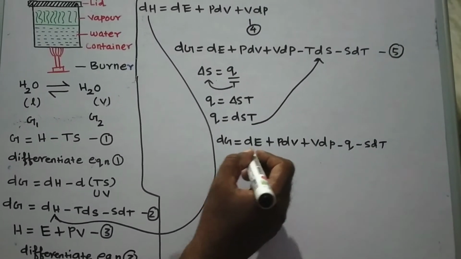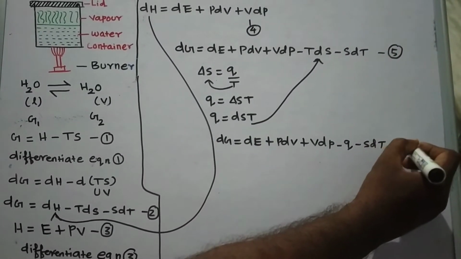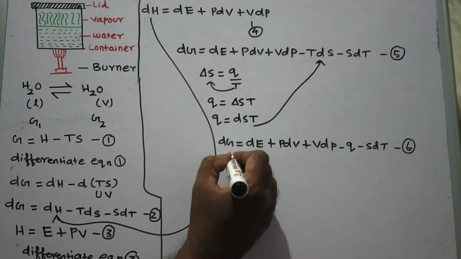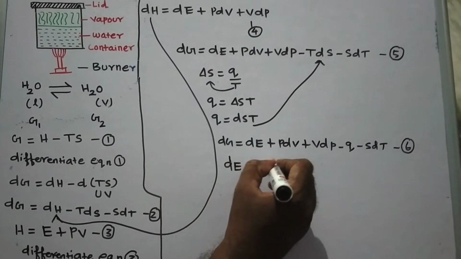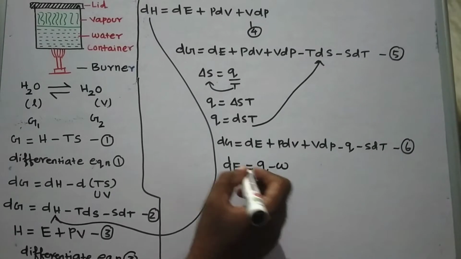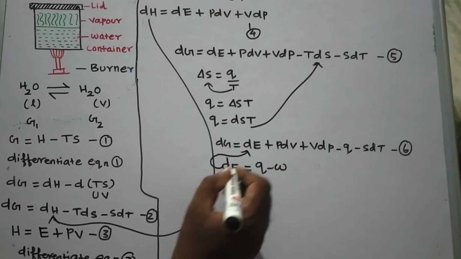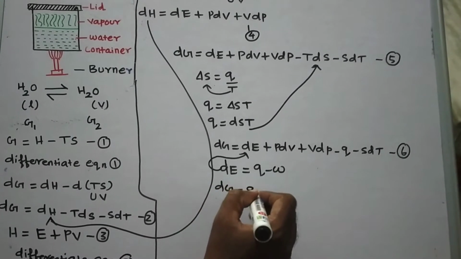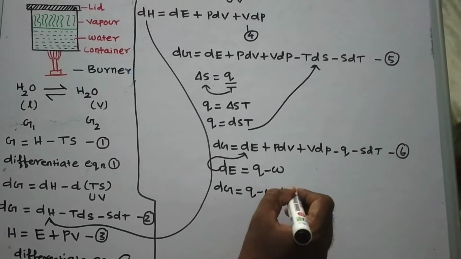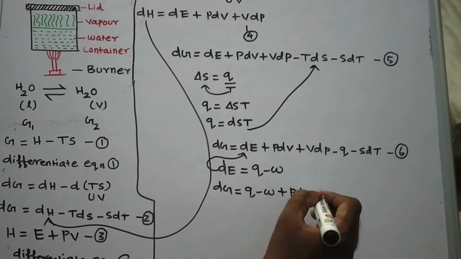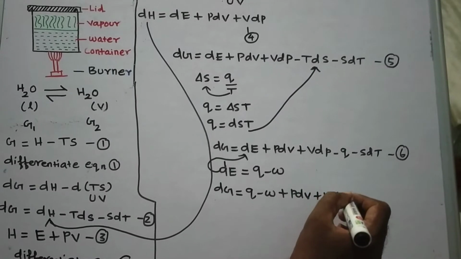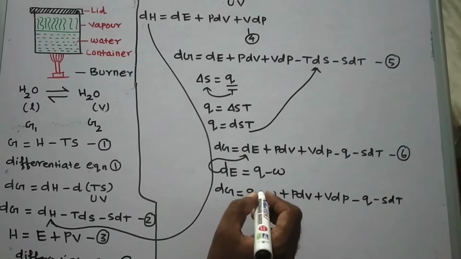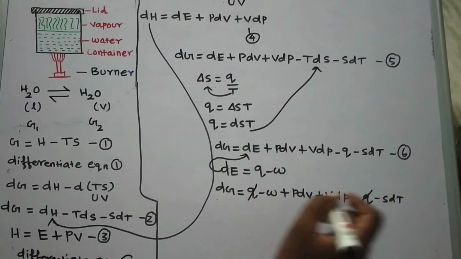Okay, then this is equation number 6. In equation number 6, it's well known that dE is equal to Q minus W. Substitute this value in this place. So it becomes dG is equal to Q minus W plus P dV plus V dP minus Q minus S dT. So in this equation, plus Q and minus Q cancel each other.